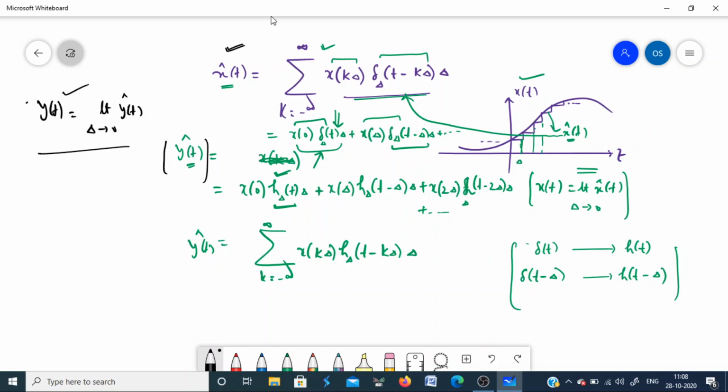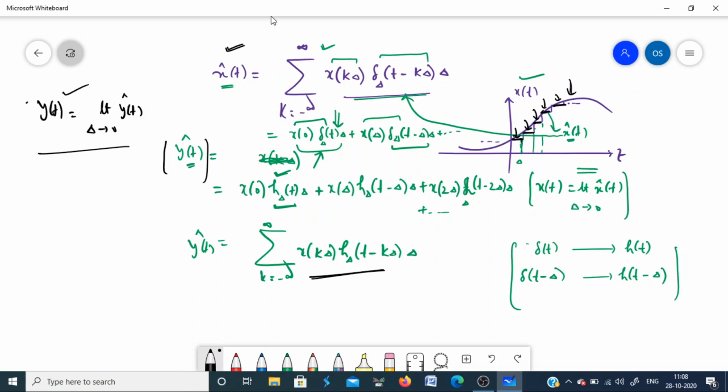Okay. It means in this equation, what basically we are doing, we are expressing this input signal first as a linear combination of different pulses. So this pulse, then second delta t, then third delta t, and so on. So you're finding what is the output due to this portion only. Then what is the output due to this? What is the output due to this, this, and this? Then we are adding them together. Okay.